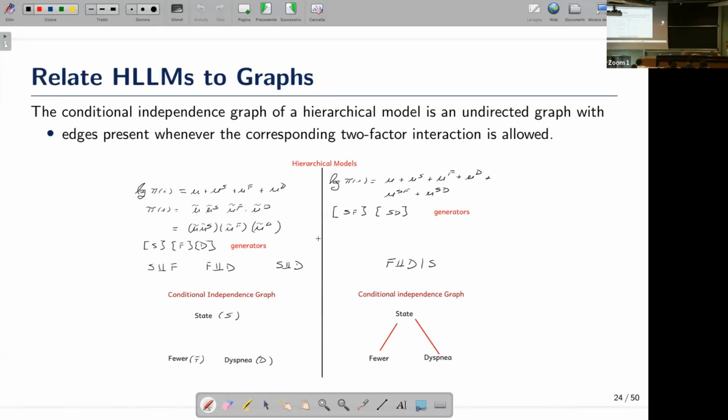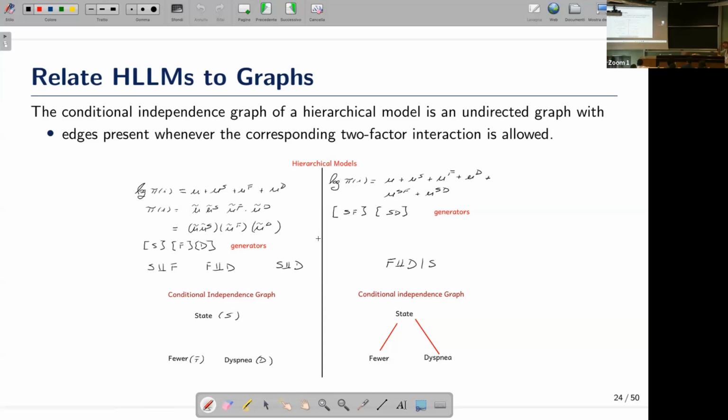Even for the other coefficients, because they are 0. So it's strange to say that F and D are conditionally independent given S. This one here is strange for you. Okay, where did this come from? That's the question, right?